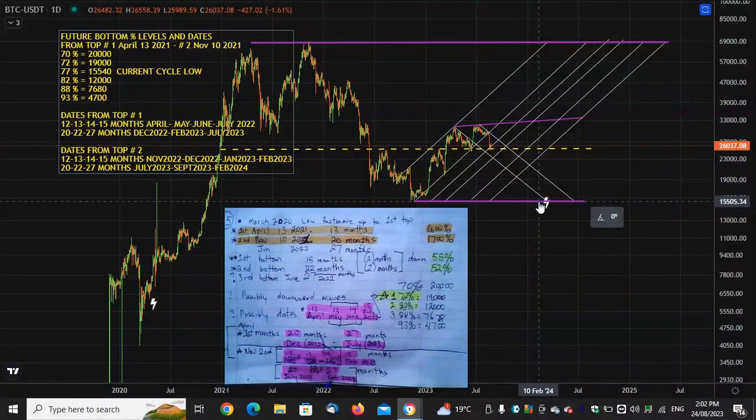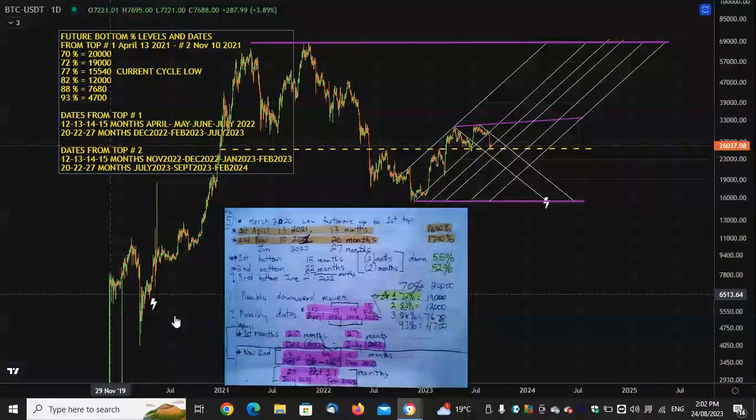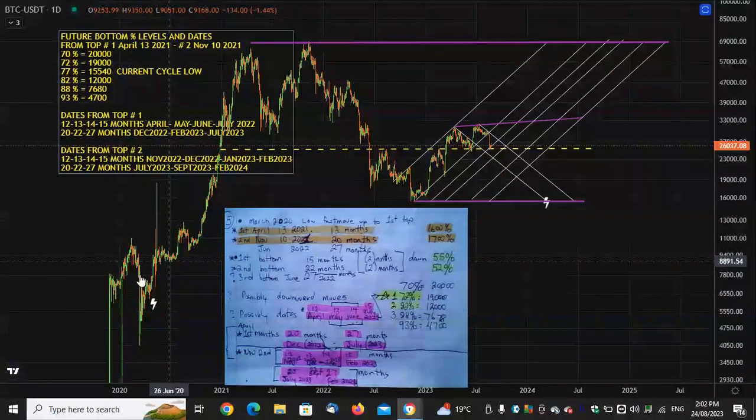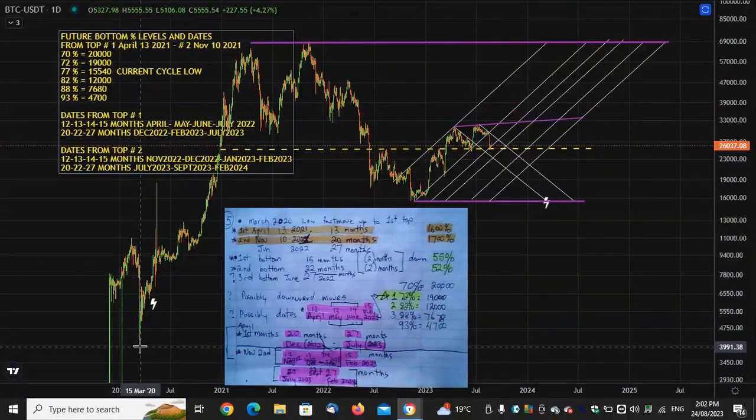So I would expect 15,000 in February. Is that what's going to happen? It's possible and likely. In the last halving events like these ones here, usually a month or 2 months before or after an event, a bottom is made in Bitcoin, and we never come back and revisit these areas.